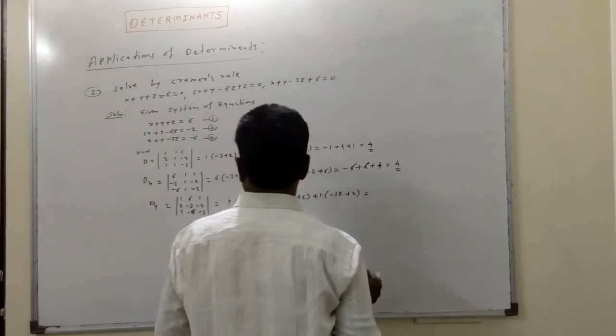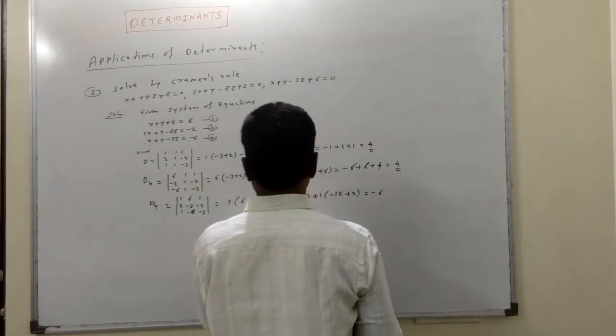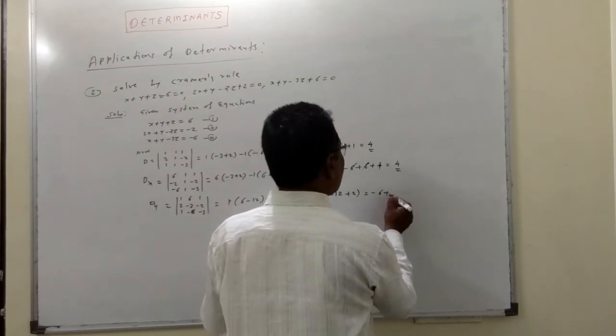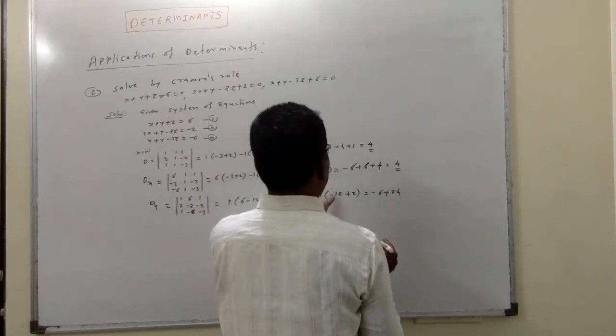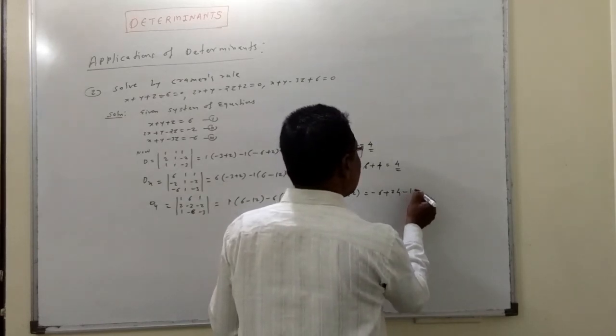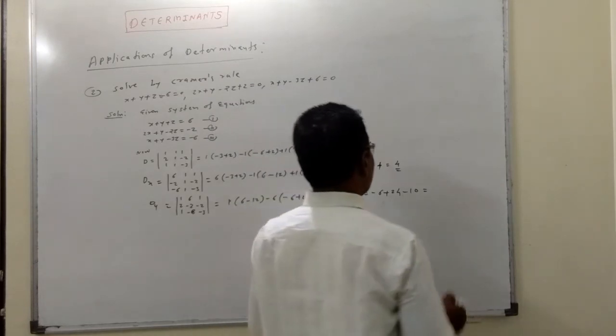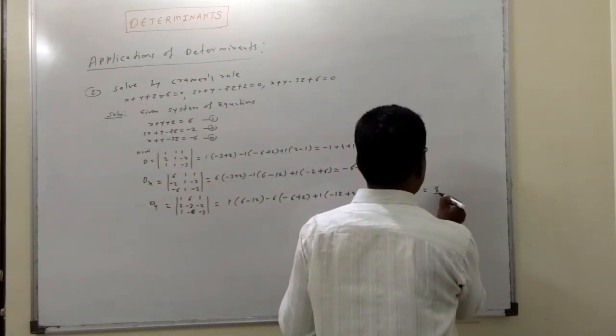So that is minus 6 into 1 is minus 6, minus 4 minus minus plus 24, minus 12 plus 2, minus 10, so minus 16 and plus 24, so we get 8.